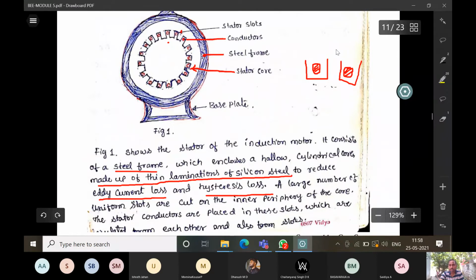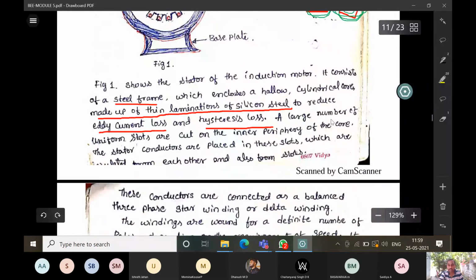Otherwise, if current flows through the slots, a short circuit will occur. Therefore insulation is provided around the conductor and also around the slot. Is it clear? This is the stator construction.